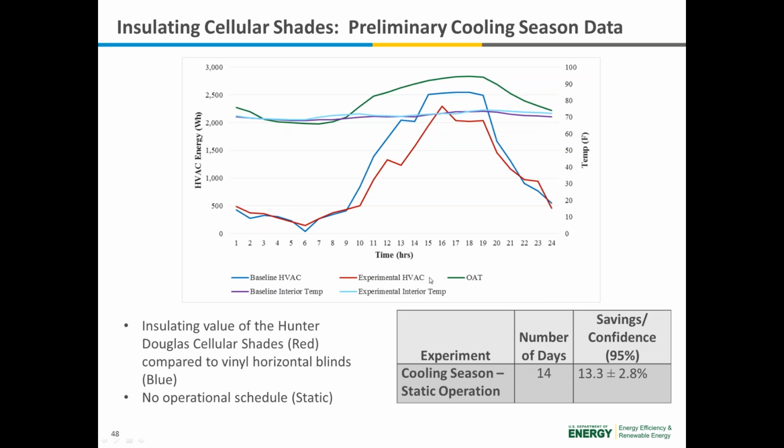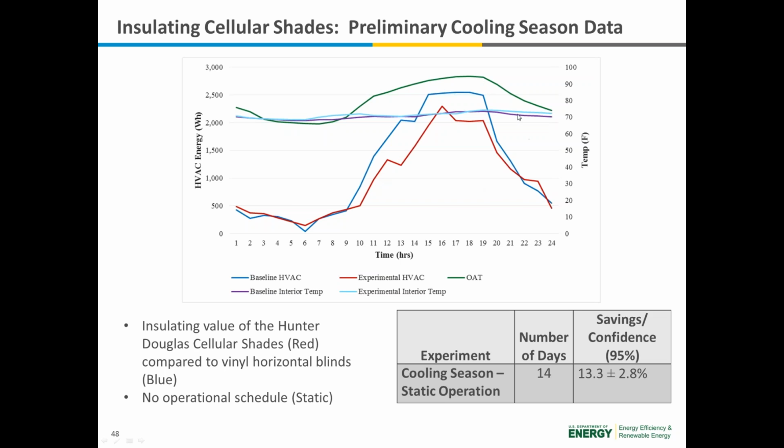In the morning, we would not expect any cooling to be happening, but as the envelope begins to warm up, we see a peak load reduction associated with the insulating properties of the Hunter Douglas cellular shades, and that remains throughout most of the day, even when we get really high peak outdoor air temperature.